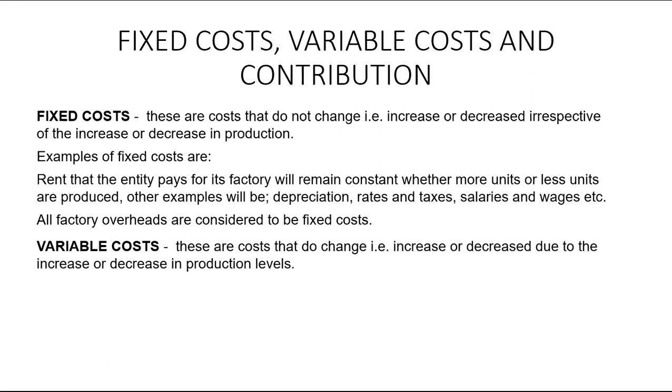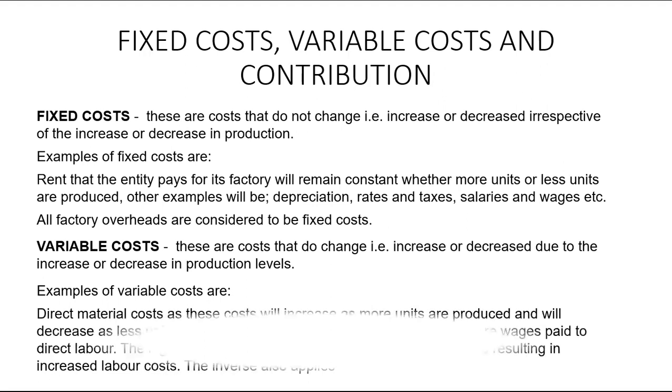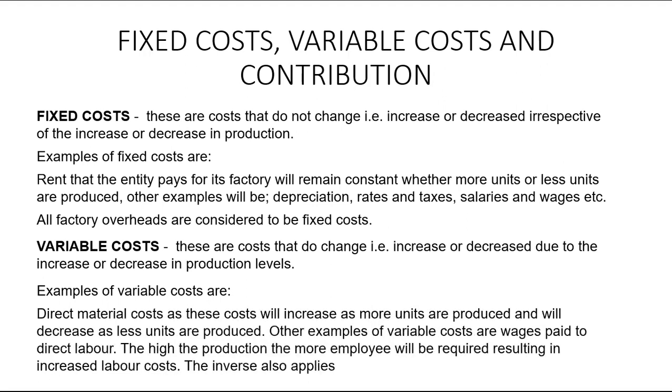For instance, if I am producing goods, one of the things I will need to produce those goods will be my raw materials. So I'll buy more raw materials if I produce more, and I'll buy less raw materials if I produce less. So my direct material cost will increase as more units are produced and will decrease as less units are produced.